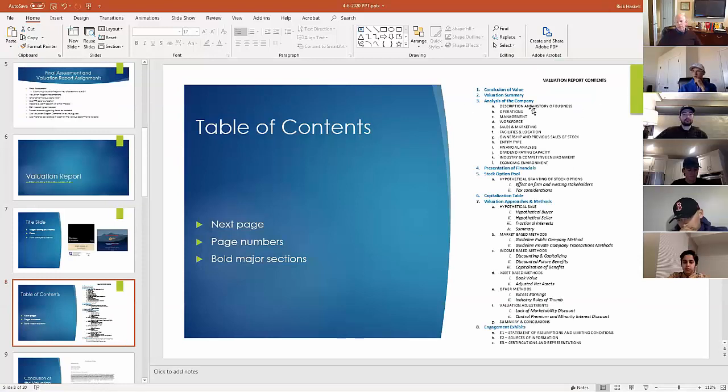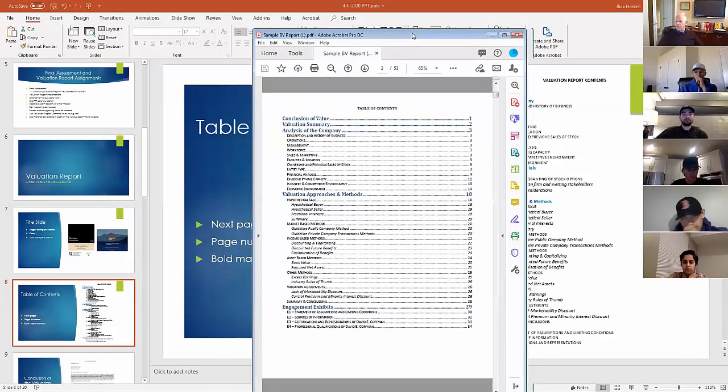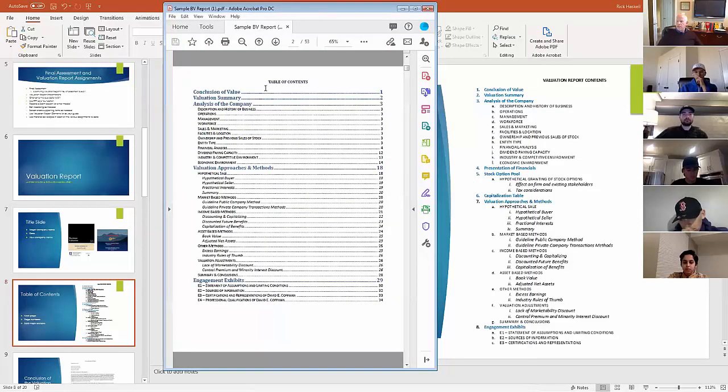And when you look at the table of contents of that report, which I believe I have right here, let me go to it, bring it over. When you look at the table of contents of the report, you're going to see that it is largely structured the same as I've structured this valuation report contents. But I've added a few things here that I'm going to expect you to pick up, such as the presentation of the financials, cap table, stock option pool, and I think there's a couple other things as well.